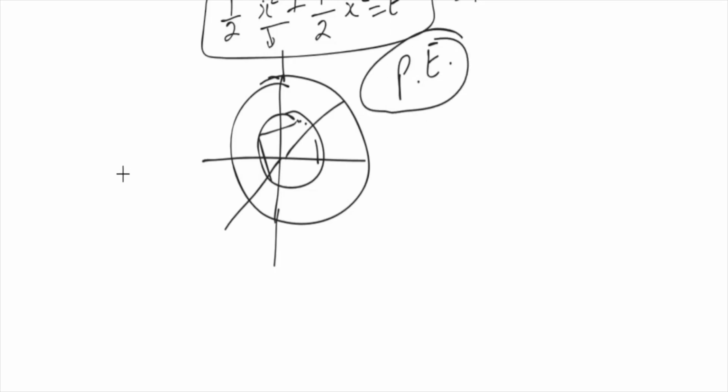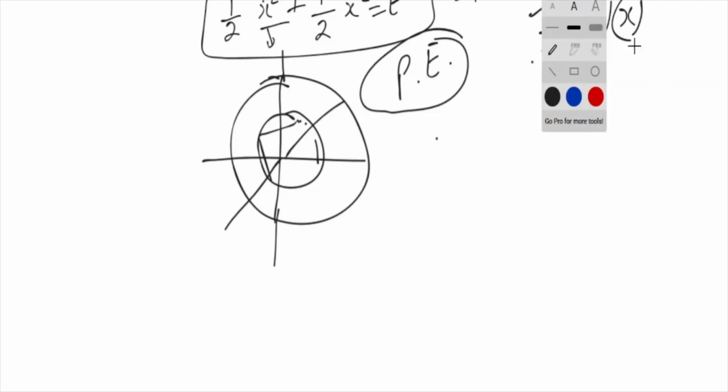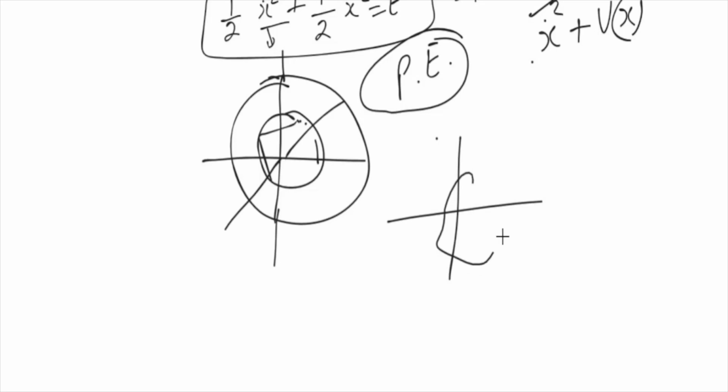In general, any particle moving in one dimension moves on a constant x dot square plus V(x). Why? Because E is conserved, E is constant. So any particle is moving on the curves of constant x dot square plus V(x). V(x) may be more complicated. It means it moves on the contours.